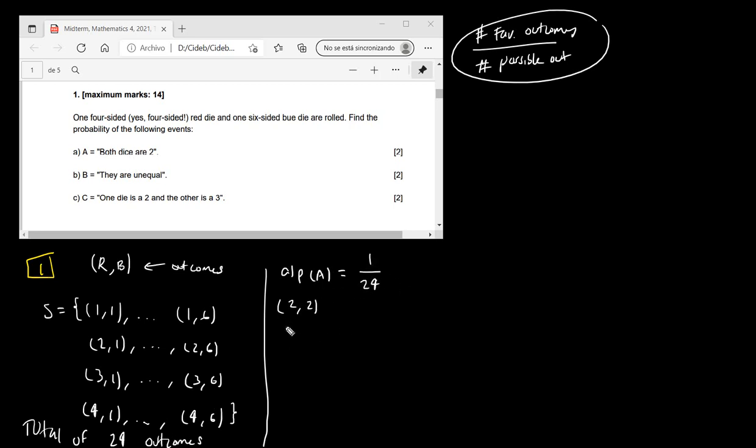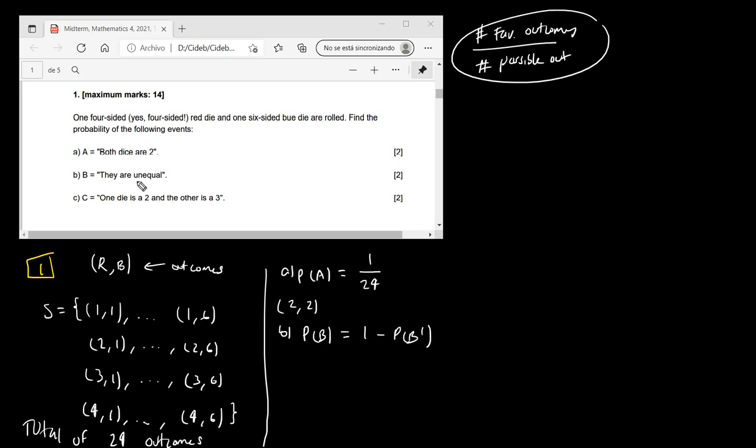That's the solution. B. What is the probability of the event B, which is that both dice are unequal? Remember one of the other standard formulas: the probability of an event is equal to 1 minus the probability of its complement.